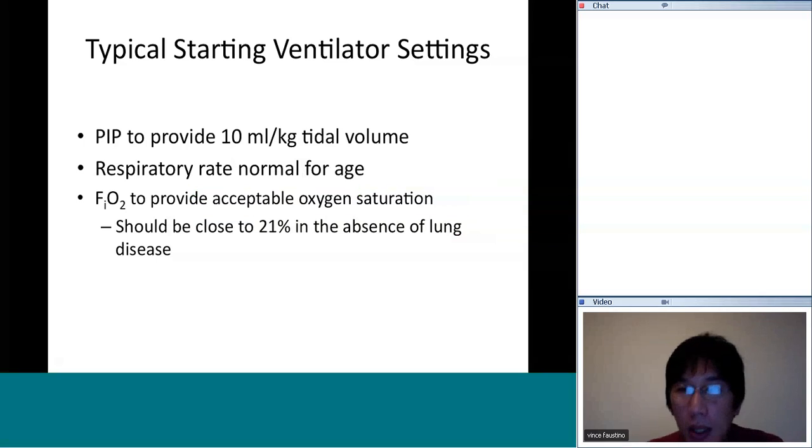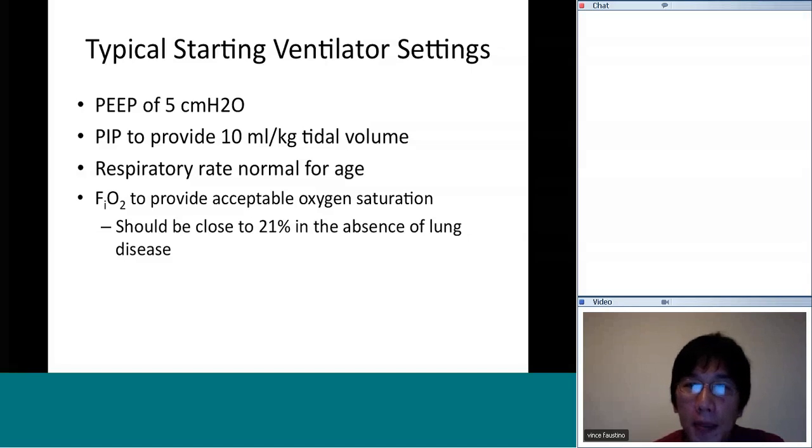So how do we start our ventilator settings? Typically, the cardiac patients that we see in the ICU are post-operative, meaning they just underwent some surgery and they end up in the ICU. But it's also not unlikely that we get patients who are pre-surgery, but it's less likely for us to do that. So typically, what we start them on is a PEEP of 5 cm water.